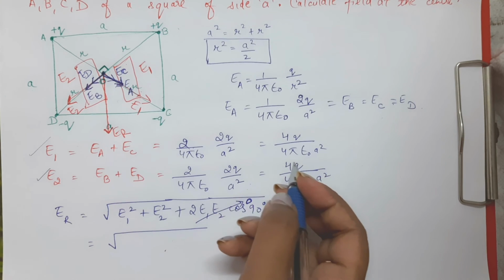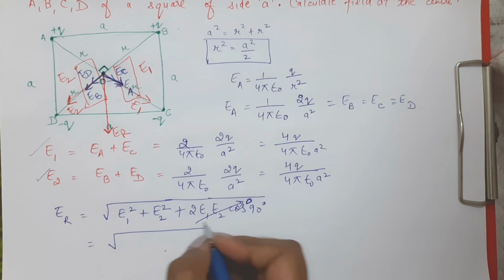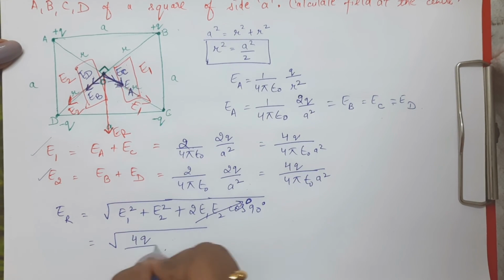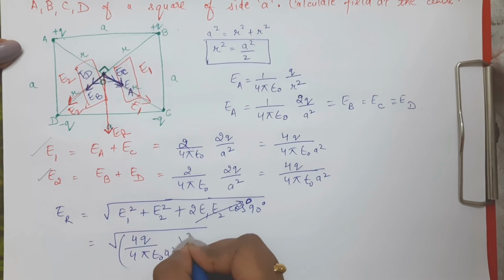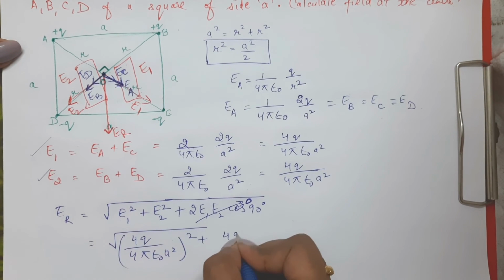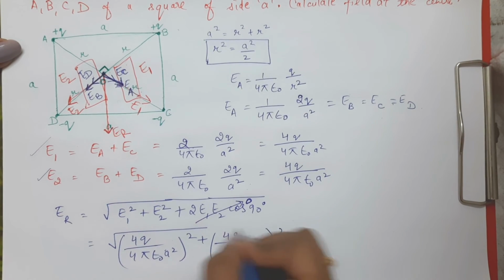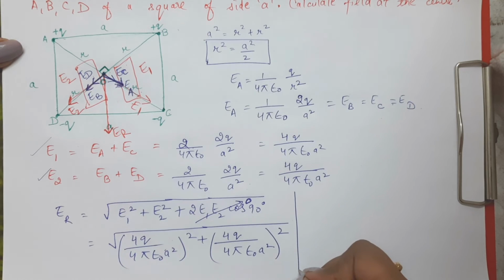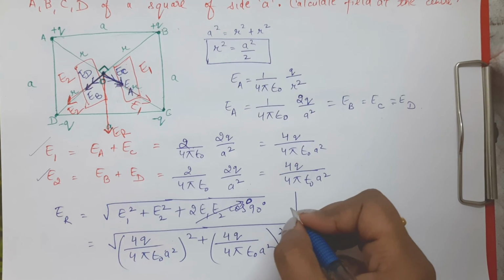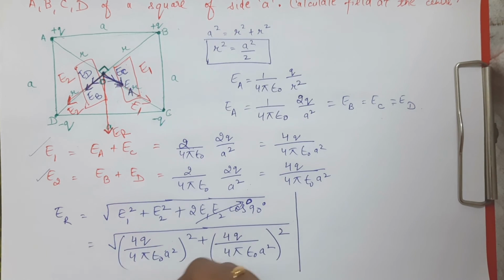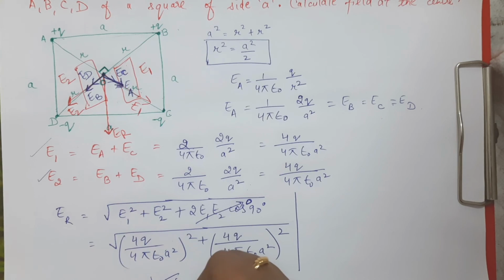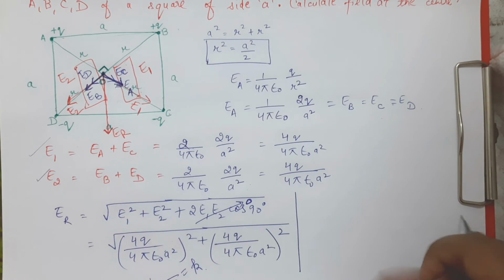So on putting these values, what you are going to get is root under 4q by 4 pi epsilon naught a square whole square plus 4q by 4 pi epsilon naught a square whole square. Right, now you have to solve this. On solving this, I am just writing down 1 by 4 pi epsilon naught as equal to small k.